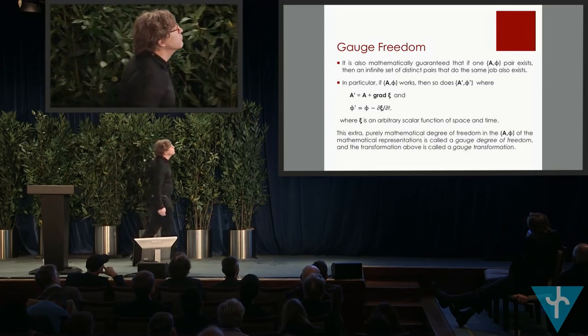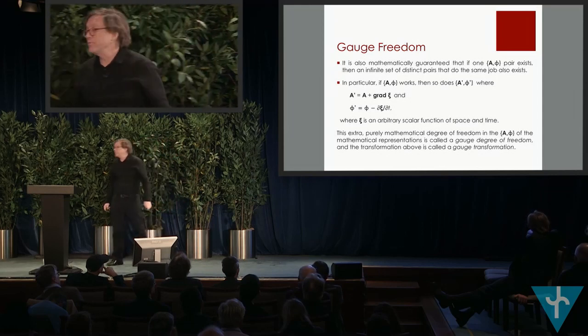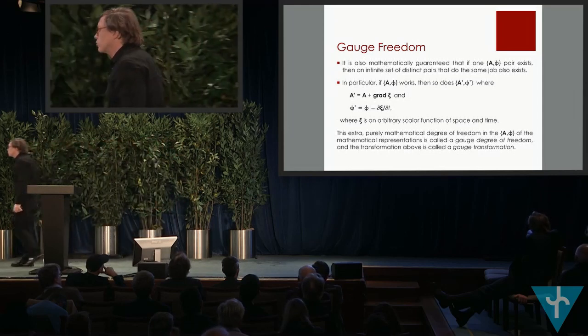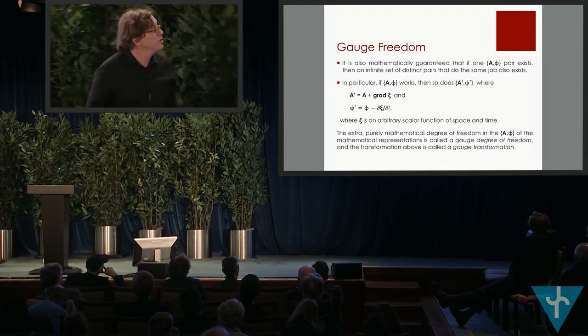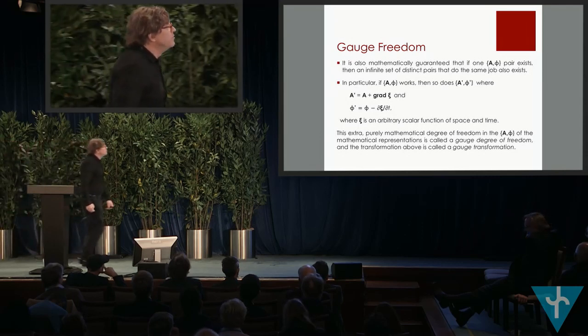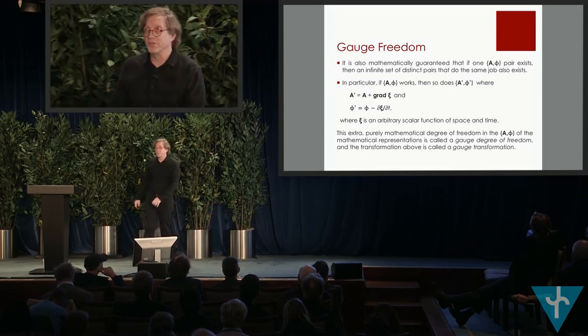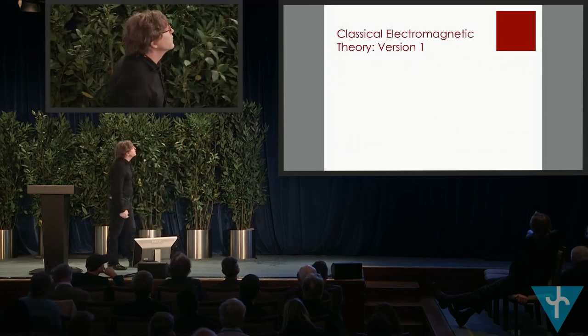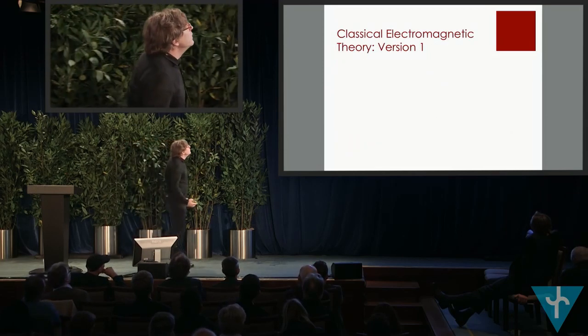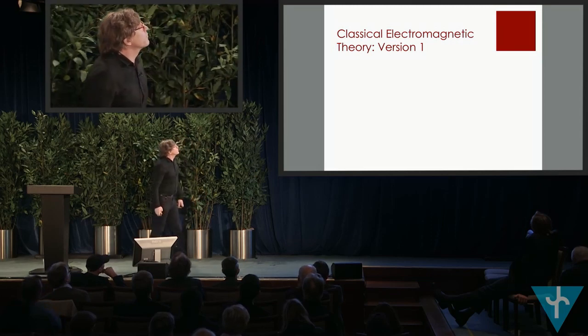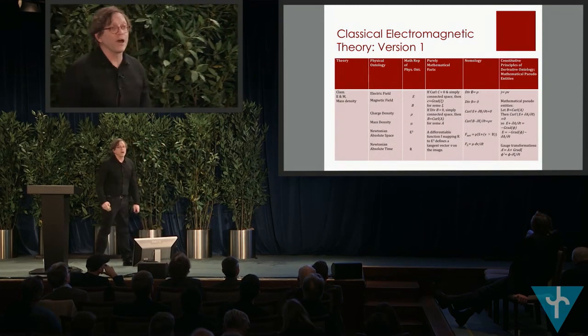So there are an infinite number of these A, phi pairs, and we say that they're all related by a gauge transformation, and that's merely a gauge degree of freedom. It doesn't represent a physical degree of freedom in the system. So from all this, we can get classical electromagnetic theory version 1 in various types.